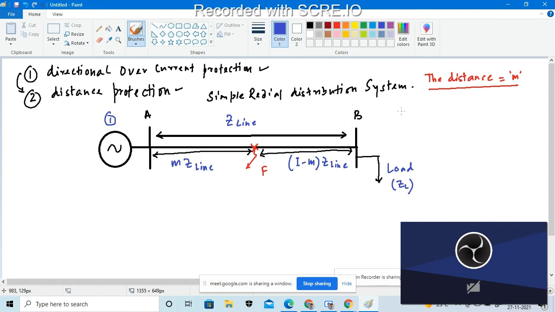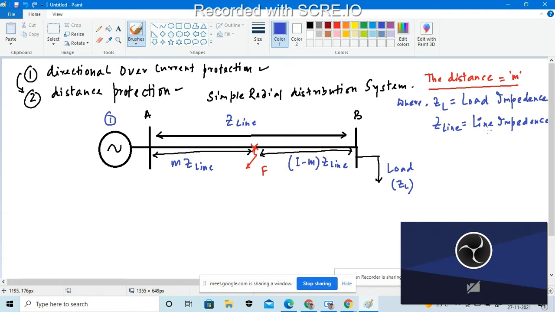So ZL is actually my load impedance, and Z line is actually my line impedance, that means the transmission line impedance, right?